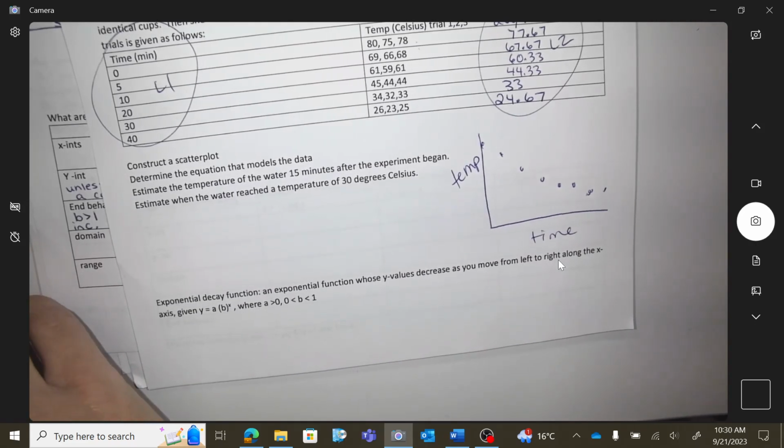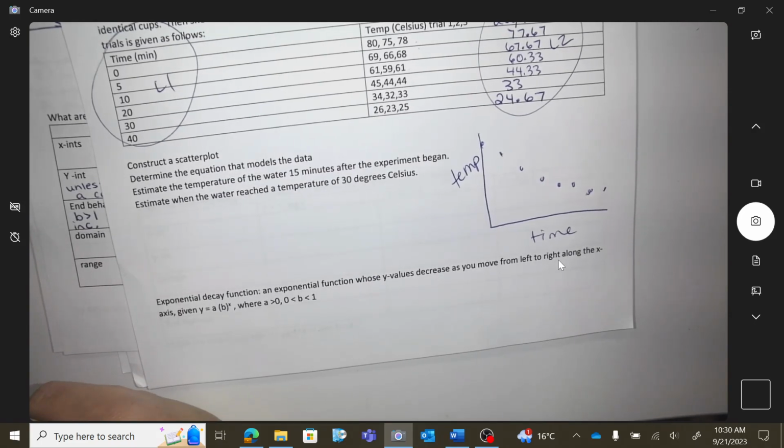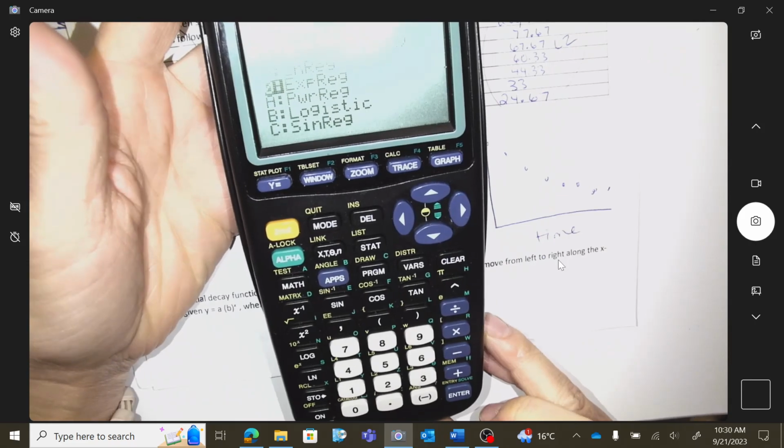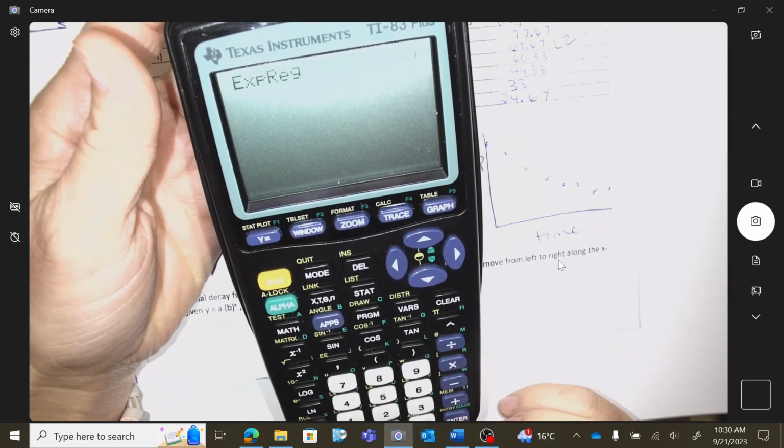So I need you to do stat calc, 0. Stat calc exponent regression. Enter.